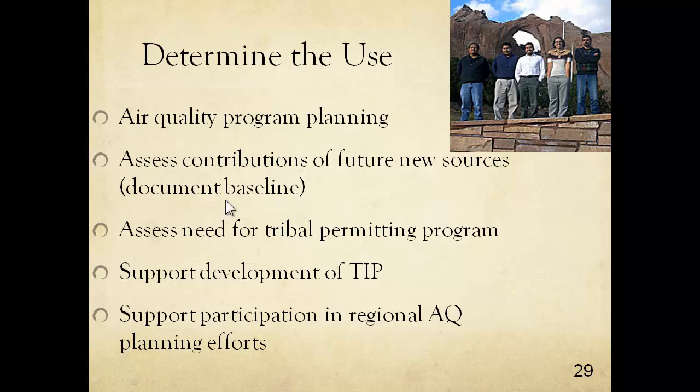It's important to document the baseline, so as your sources perhaps expand or new development comes onto the reservation, what emissions do they emit, and how do they compare with the emissions that you calculated based upon the sources that exist now. It's a necessary component for developing a permitting program.